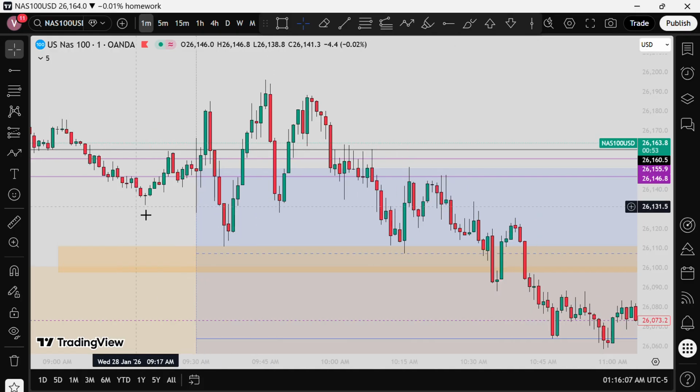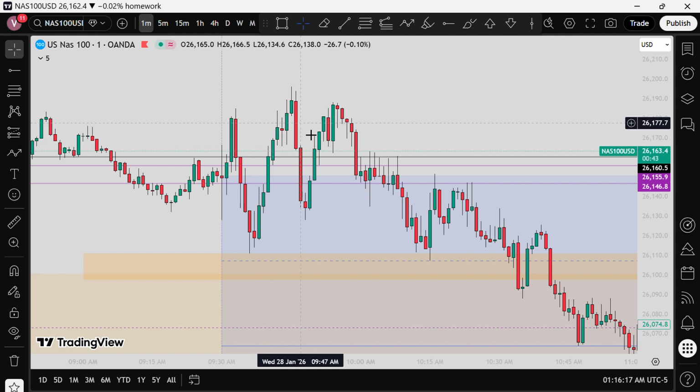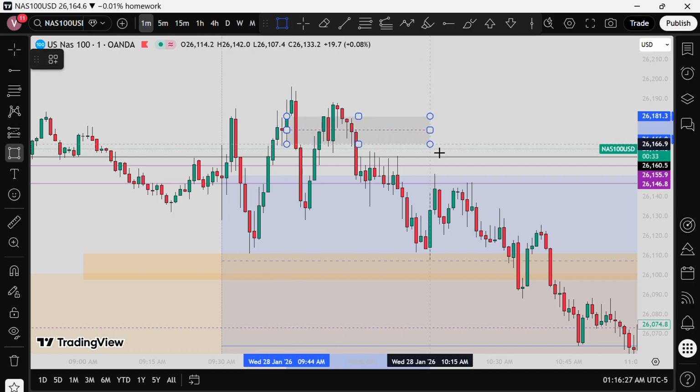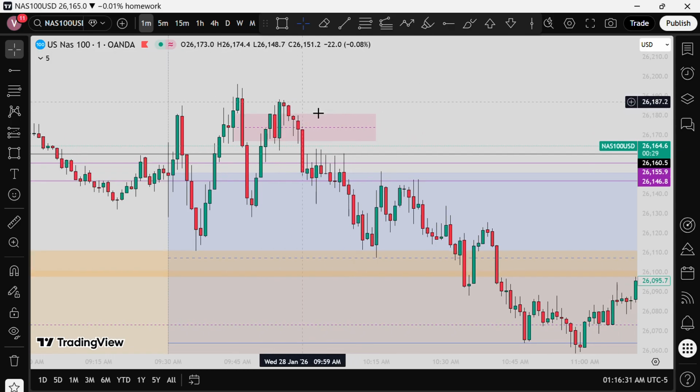So if we start observing the price from the very beginning of 9:30, you'll see that there was no good displacement except for this one fair value gap, which can be considered as a first presented fair value gap, but that still did not get respected.